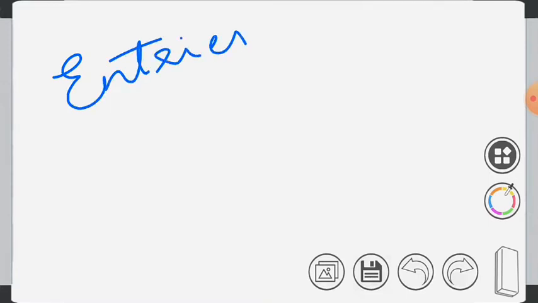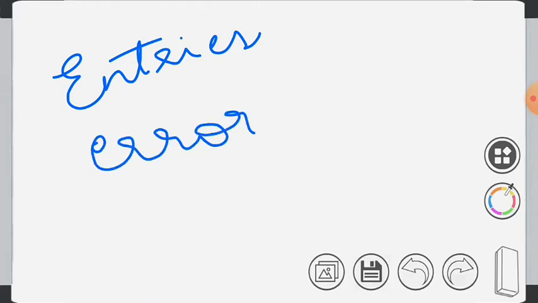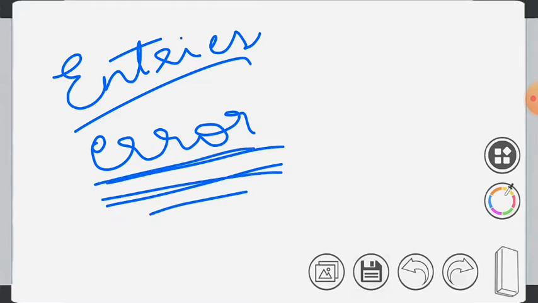So, in the last point, we have discussed that it's the customer's duty to check the entries and intimate the bank about any error. So, what do we mean by error?